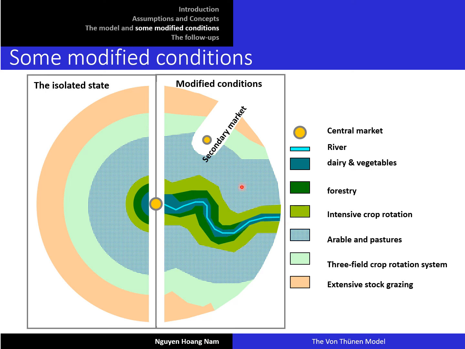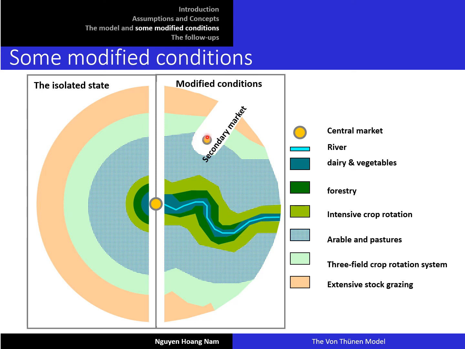So farmers here can choose to approach the city's prime here rather than here, because he knows that going along the river, water transportation would be the lowest transport cost and will reduce his transportation costs significantly. So that's one modified condition, one example.